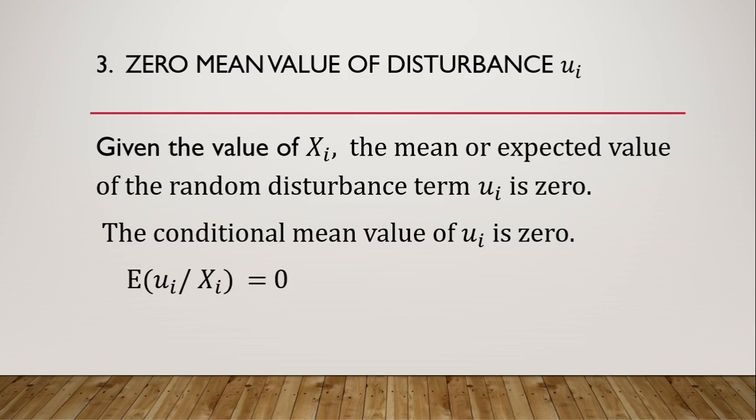So, the conditional mean value of ui is 0. That is, expected value of ui for a given value of xi is equal to 0. This is a very important assumption. This is a stochastic assumption because this assumption is related to the stochastic term u. So, given the value of xi, we assume that the mean or the expected value of ui is 0.